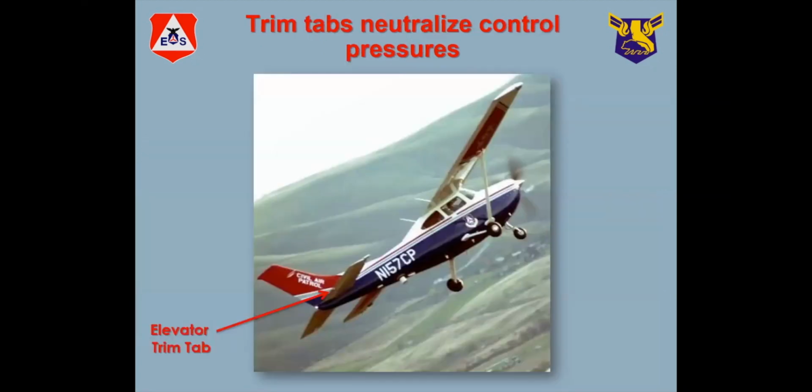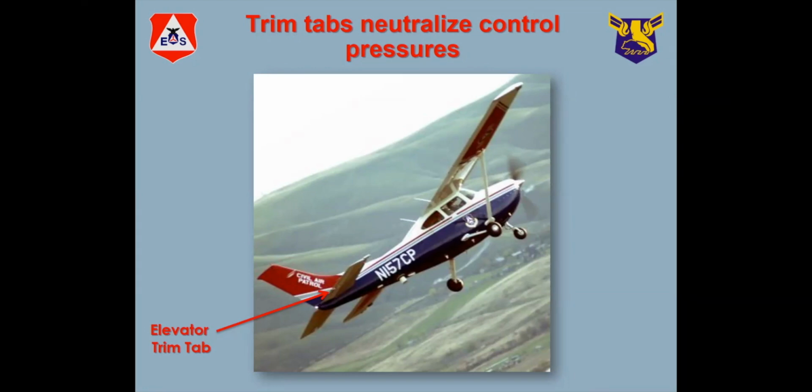In the back, you've got a trim tab. Because the airplane's moving through the air, there are forces working on the control surfaces, and those forces have pressure, and we overcome those pressures with muscle energy. If you get tired of pushing on that all the time, or pulling, or twisting, you can take that pressure off, and once you put the airplane the way you want it to be, it will stay stable in that position.